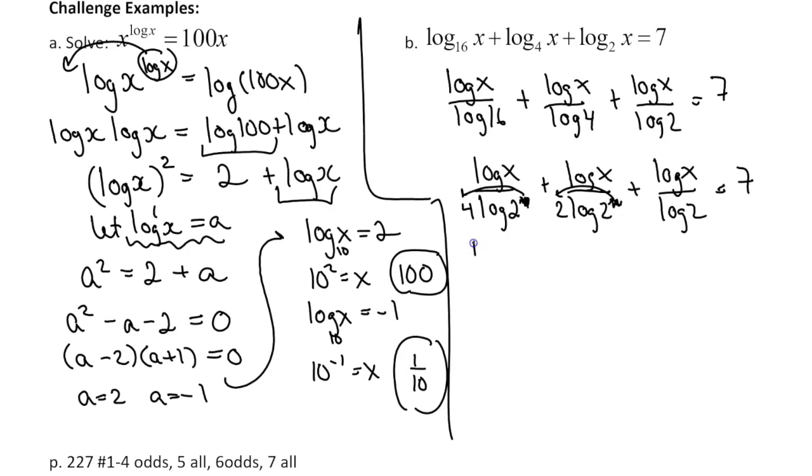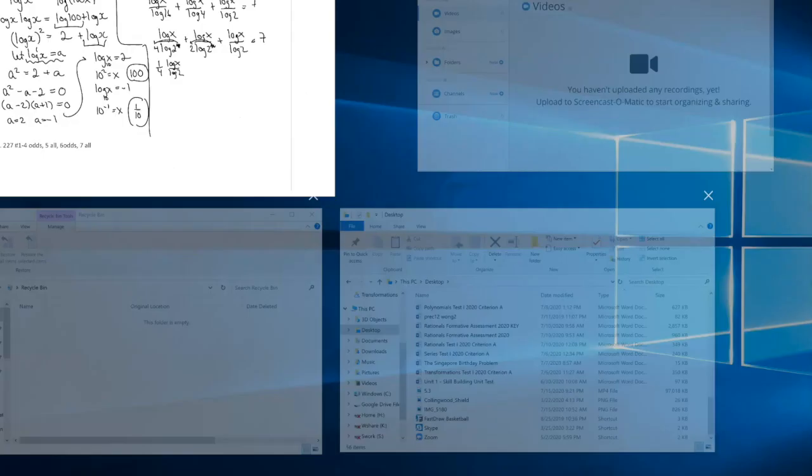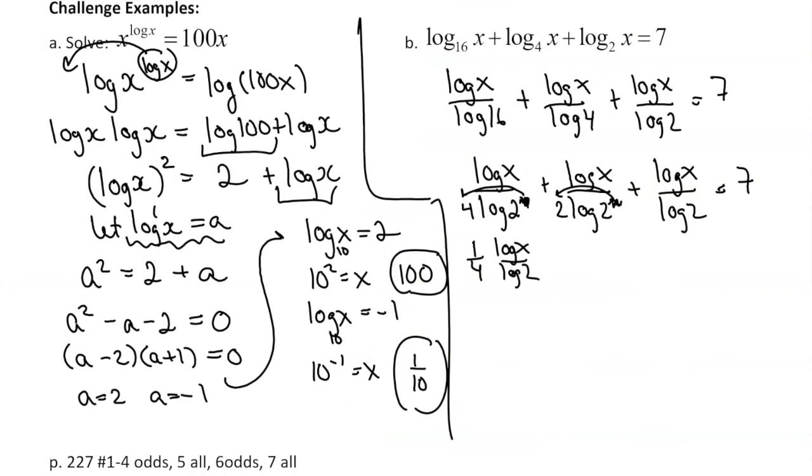You have a quarter of log x over log 2. And then you have a half of log x over log 2. And then you have 1 log x over log 2 equals 7.